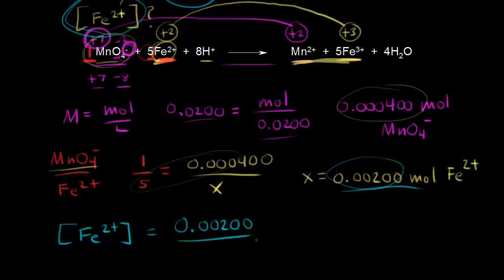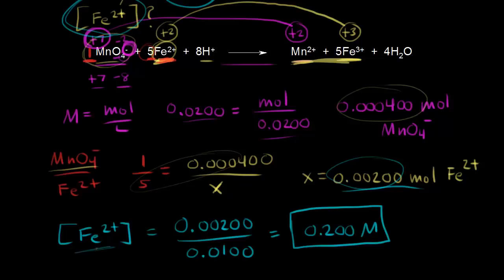We started with a total volume of 10 milliliters, which is equal to 0.01 liters. And 0.002 divided by 0.01 is equal to 0.2. So this is equal to 0.2 molar. And so that was the original concentration of iron 2+ ions in solution.